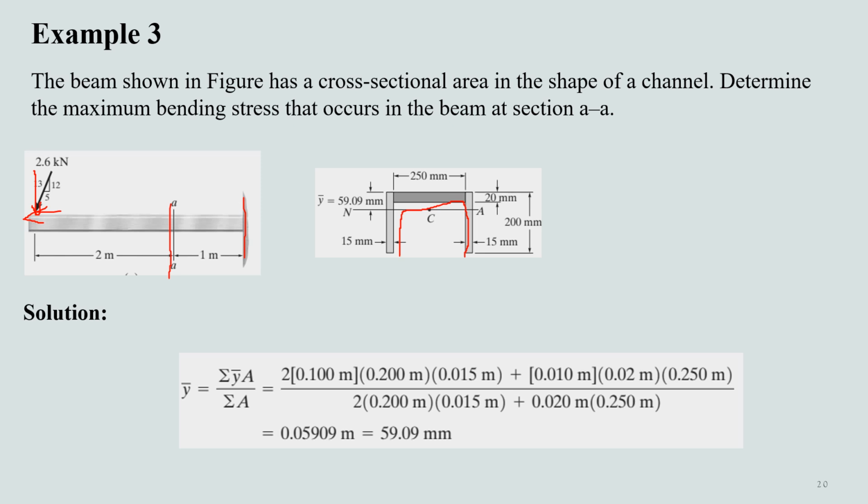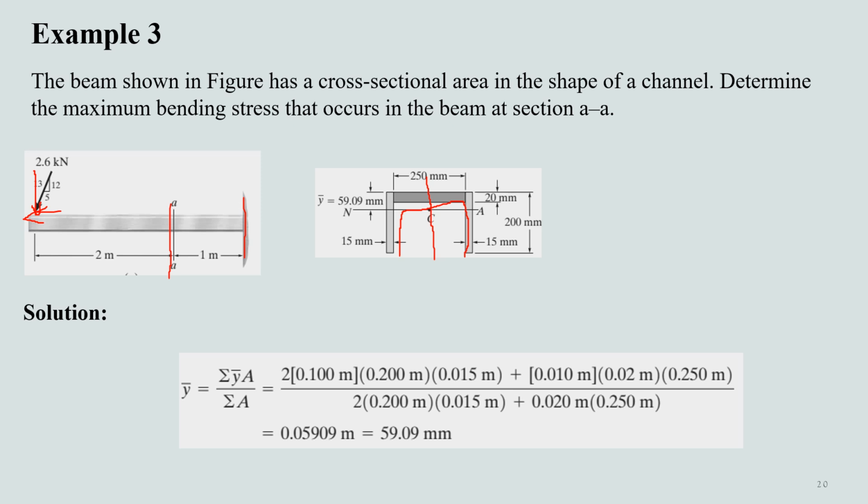Since this is a channel cross section, it is not a symmetrical cross section in the real sense. We have a section of symmetry here, but this section is not symmetrical in the direction in which the bending is occurring. So first we need to determine the centroid of this cross section.